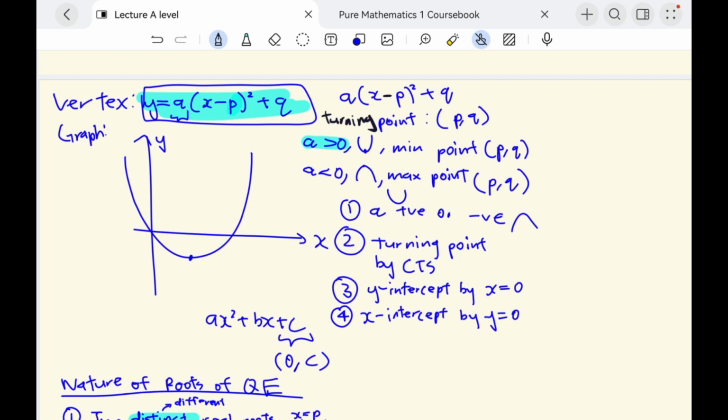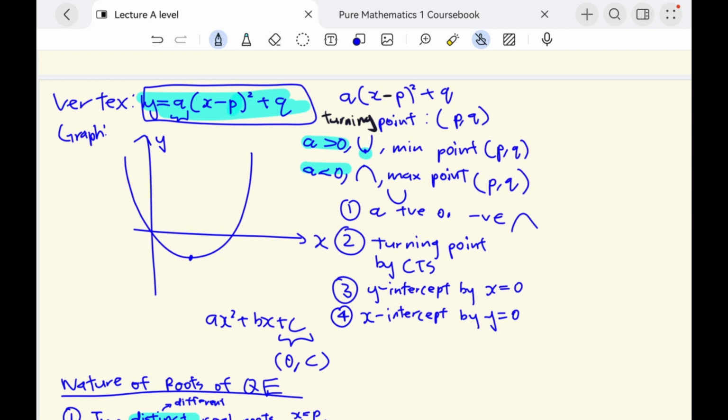And now it's time for us to discuss the polarity, the sign of a. When a is positive, it is a smiley face, which means this quadratic function has a minimum point. If a is negative, this quadratic function has a maximum point. The turning point is the maximum. Meanwhile, for positive a, the turning point is the minimum point.